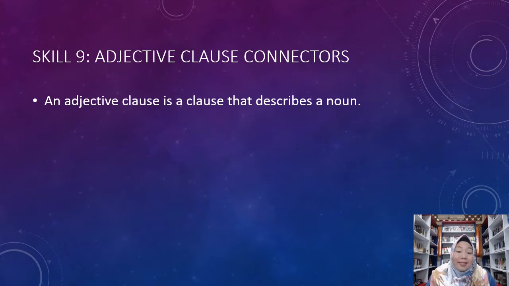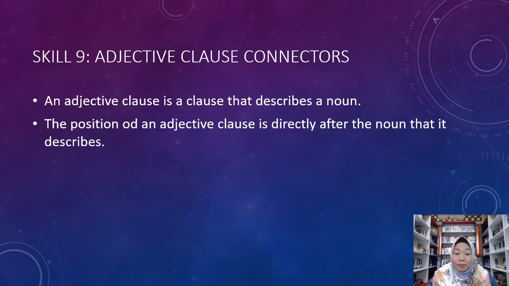First, what is an adjective clause? An adjective clause is a clause that describes a noun. Just like an adjective has a function to describe a noun, an adjective clause is also a clause that describes a noun. The position of an adjective clause is directly after the noun that it describes.